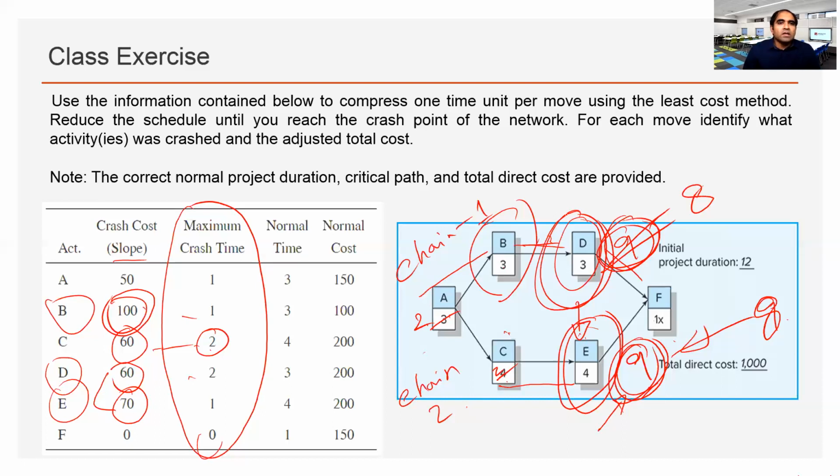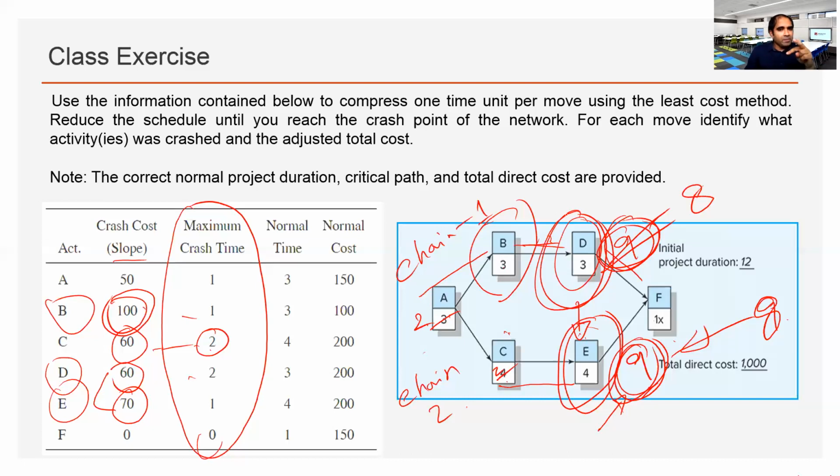Finding the critical path is the top priority. That's correct. But you also need to look into all the crash activities, which should be on the critical path.